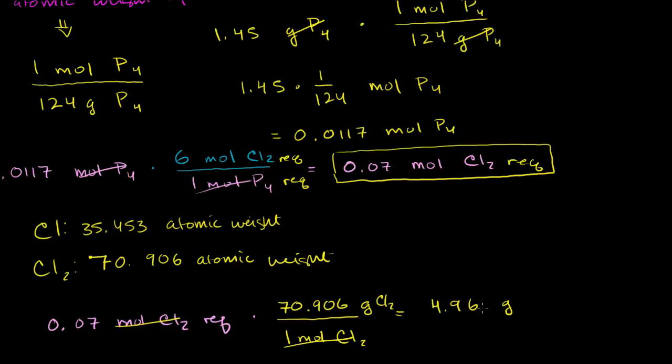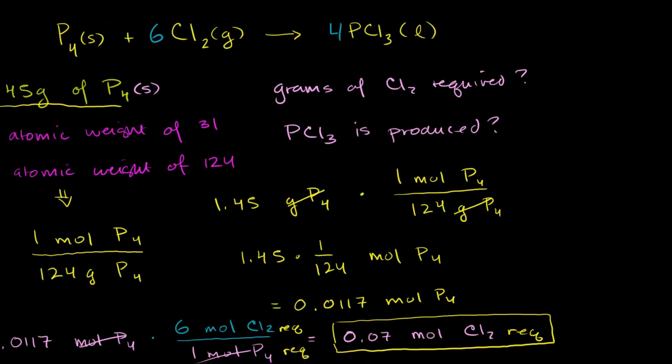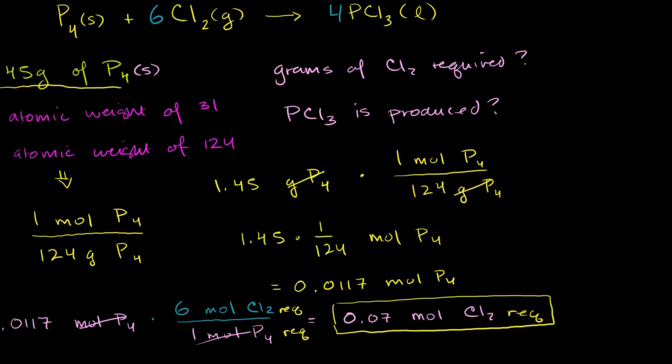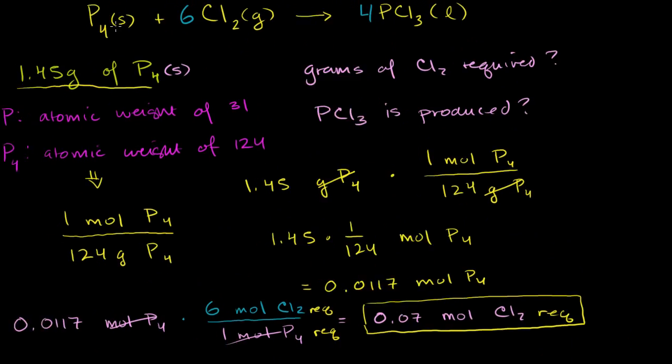I should write that there. So grams of chlorine gas are required. Even the "required" worked out with the dimensional analysis. And we've answered the first part of the problem. If we have 1.45 grams of phosphorus as one of the reactants, then we're going to need 4.96 grams of chlorine.